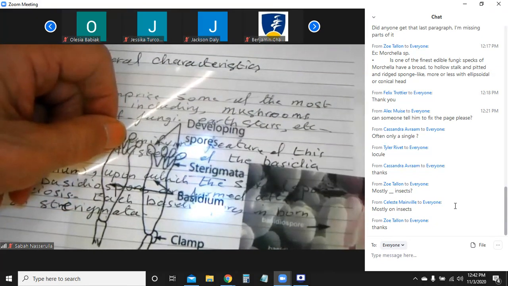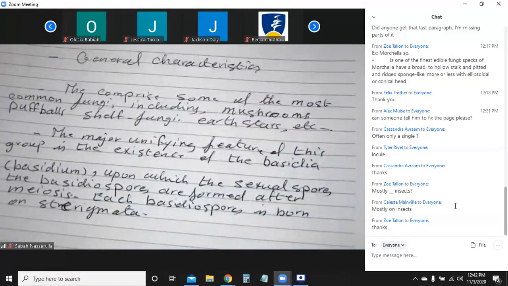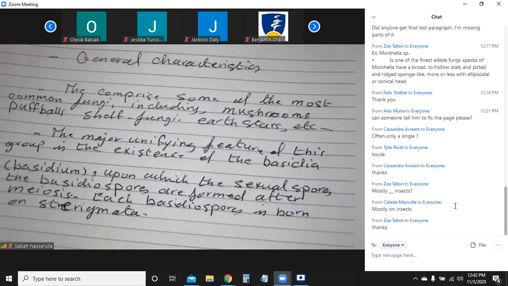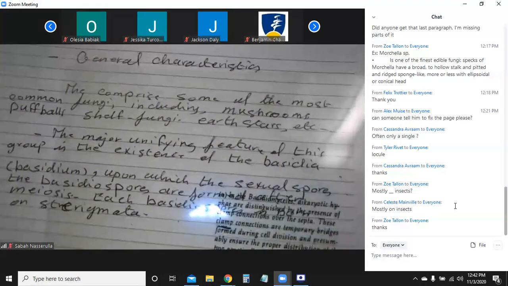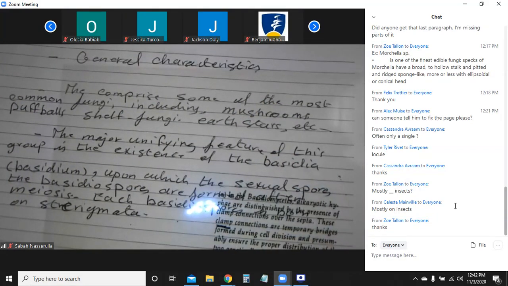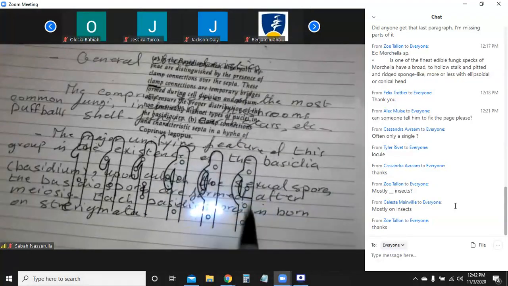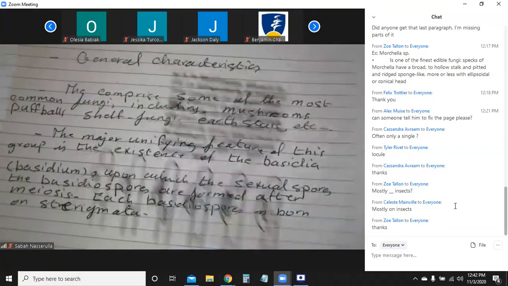Okay, explain this one. Or sometimes it shows like this one here, or like this one. Okay, this is known as the clamp connection. We're going to talk about it in just a minute here.